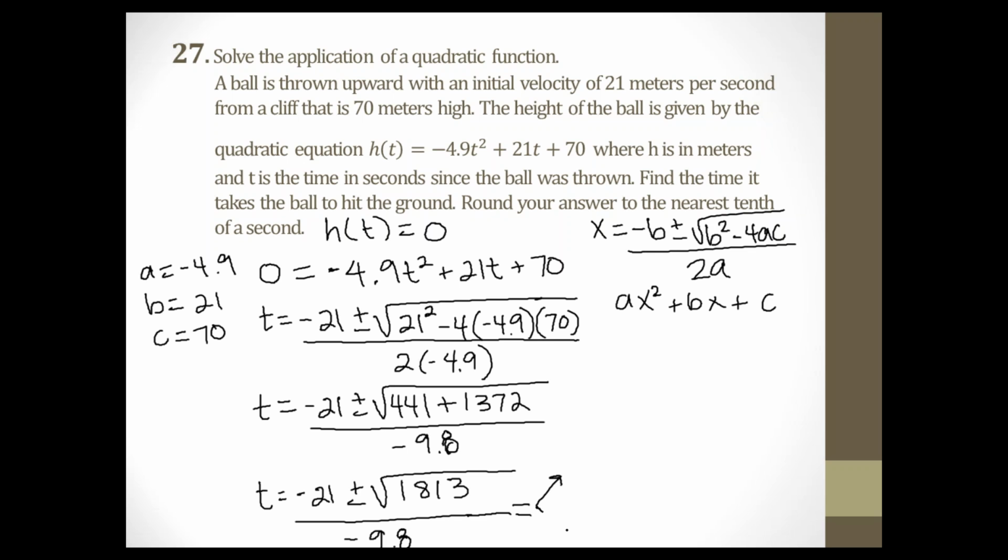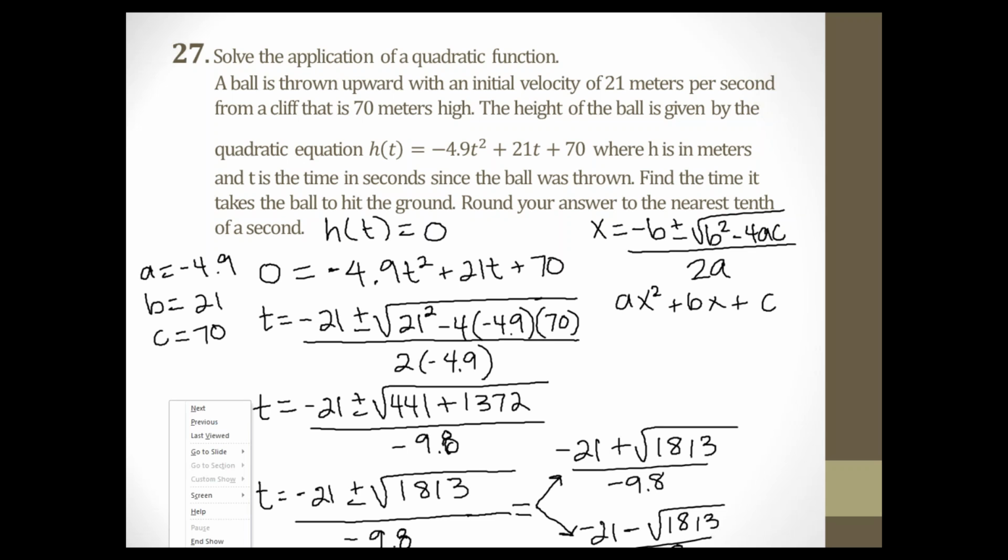All right, so I'm going to write the two solutions. Negative 21 plus the square root of 1813 over negative 9.8, and then negative 21 minus the square root of 1813 over negative 9.8. Let me show you what I mean by that.